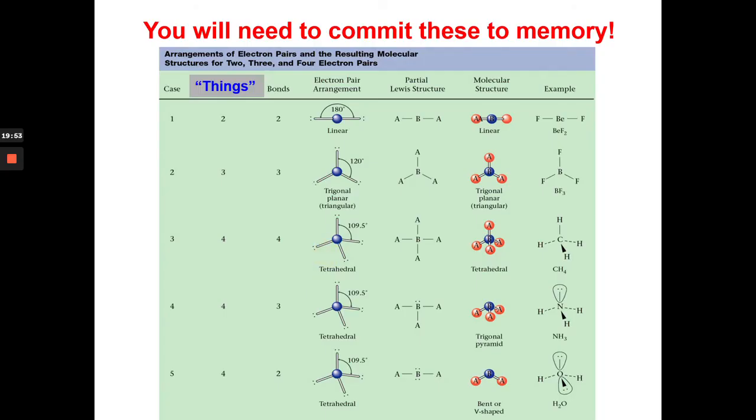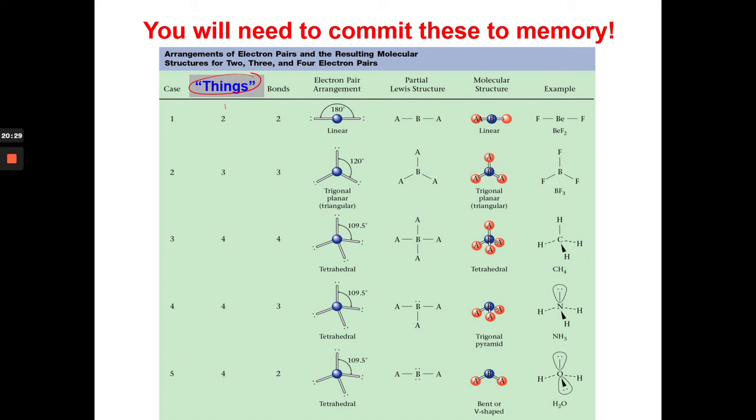All right, 20 minutes into this, so I want to try to finish in the next 9 minutes if I can. This is a nice chart. If we were in regular class, I'd have you memorize it, but because you're virtual, you can use it as a reference. It summarizes the things here. This column represents the number of electron domains that you have. Then the bonds: if you have two things attached, it's going to be linear, and that's going to be both its domain as well as molecular structure, the shape.